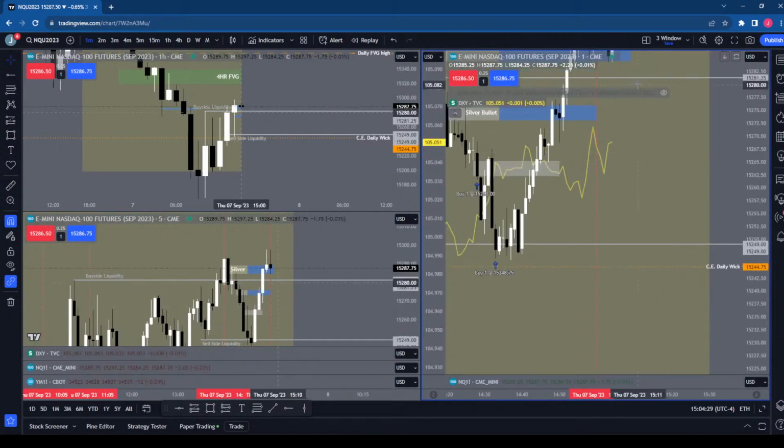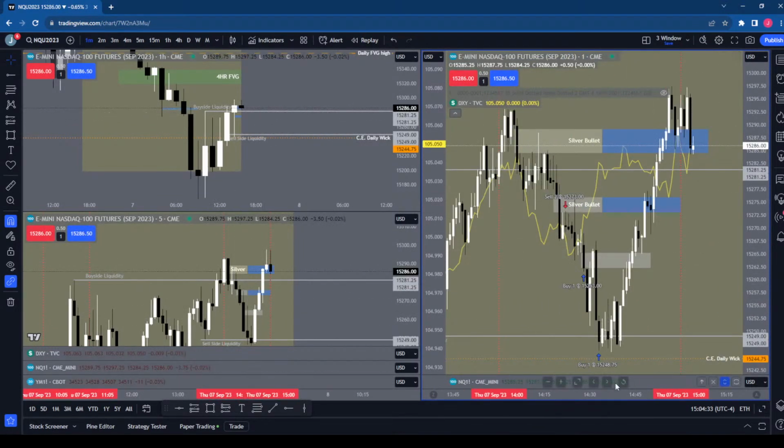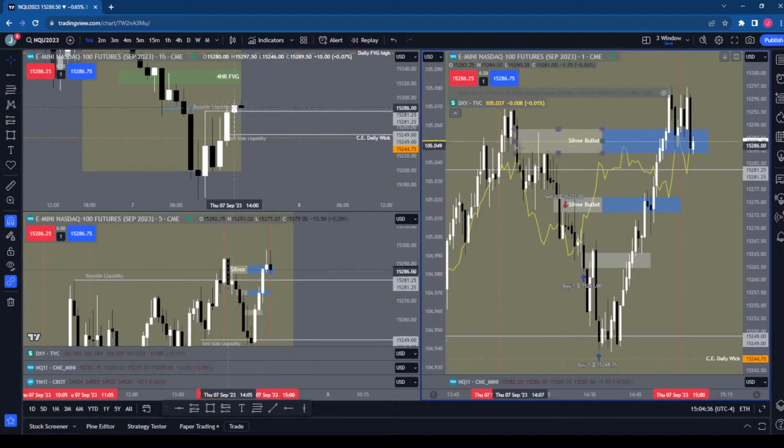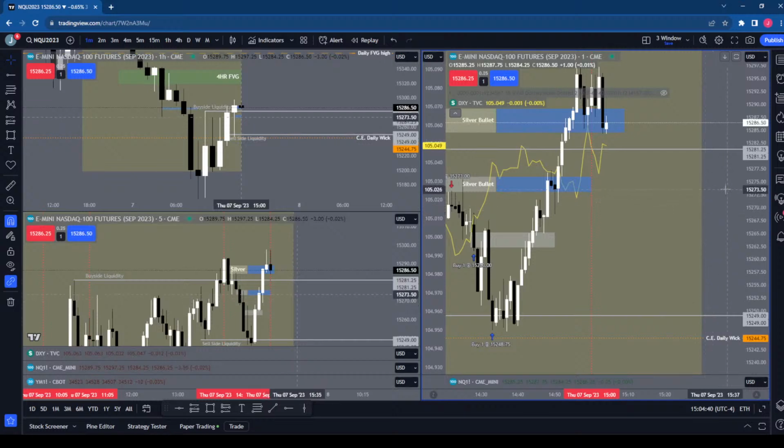I could also see it being pretty heavy if we were to come back down, just because we delivered sell side, delivered buy side, took a little bit of liquidity, and then I could see it getting pretty heavy after that.